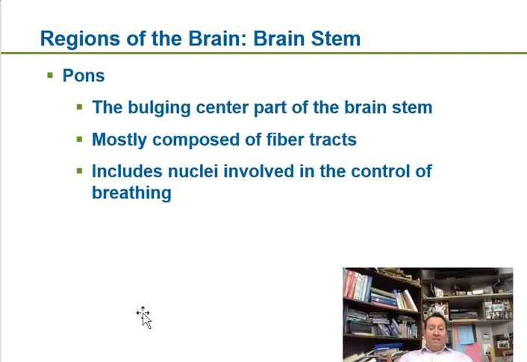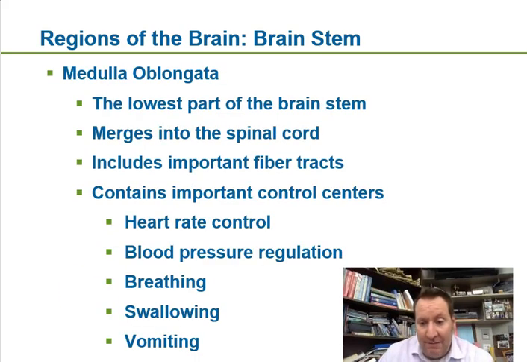But for all intents and purposes of this class, we're just going to think of the pons as one of its major functions being to control breathing. Your medulla oblongata also has control of breathing, but it also has heart rate control and blood pressure regulation. Breathing, like I said earlier, swallowing and vomiting are all controlled in the medulla oblongata.